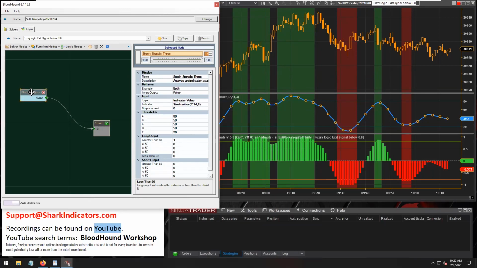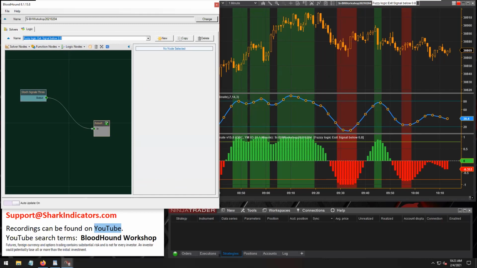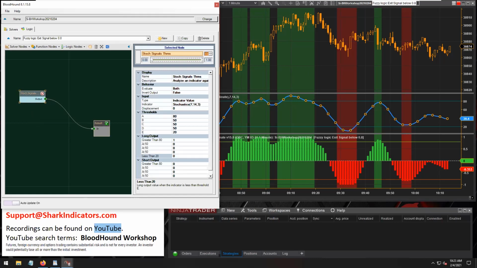So the first thing you'd want to do when building your exit signals is select your entry signal logic template, and hit the copy button, so that it makes an entire copy of your entry signal logic. And once you have those signals with your logic, you can then begin to build your exit signals.